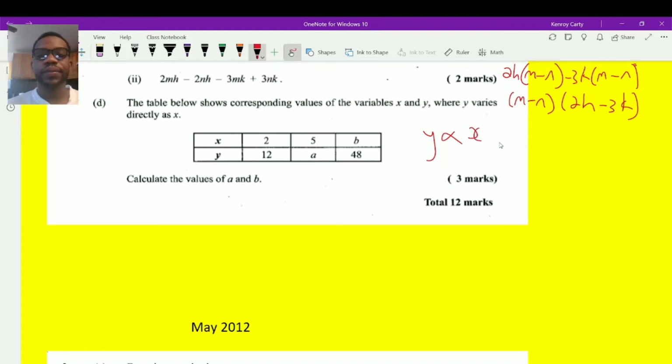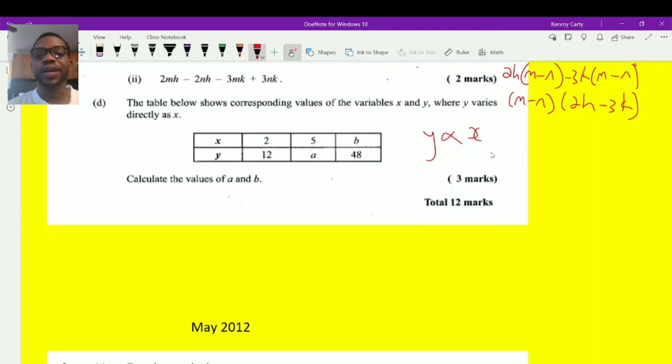What it means is that when y varies directly as x, if y increases, x increases. So in order to get y, you can simply take x and multiply by something to get y, but it is consistent. We don't know what that value is that we multiply x by to get y.